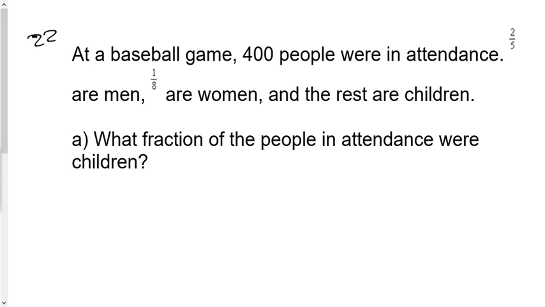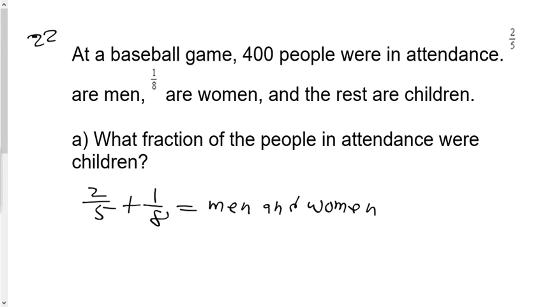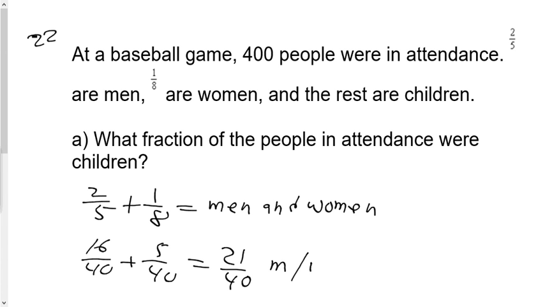But if 2/5 plus 1/8 represents all of the men and women, then if we add those two together, we're going to end up using 40 as our common denominator. Then 21/40ths are men or women, which means the rest have to be children.